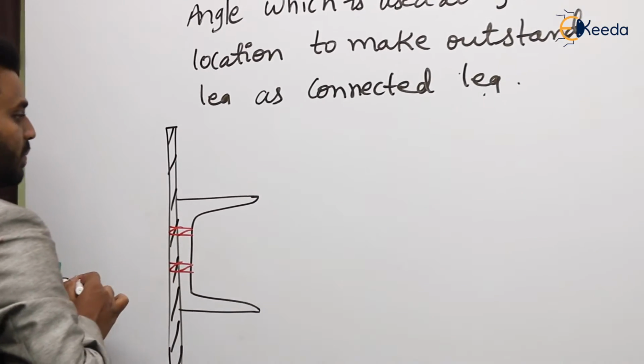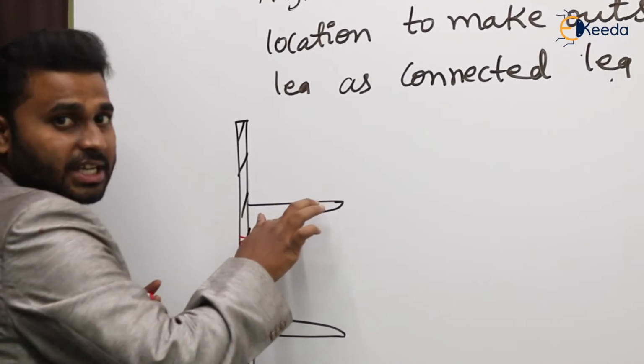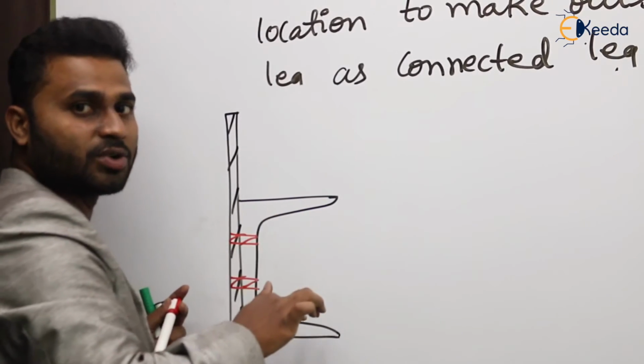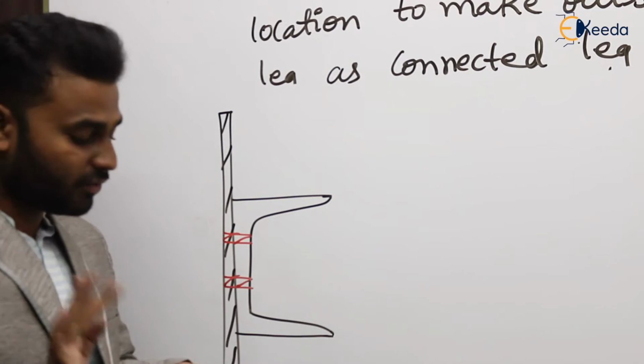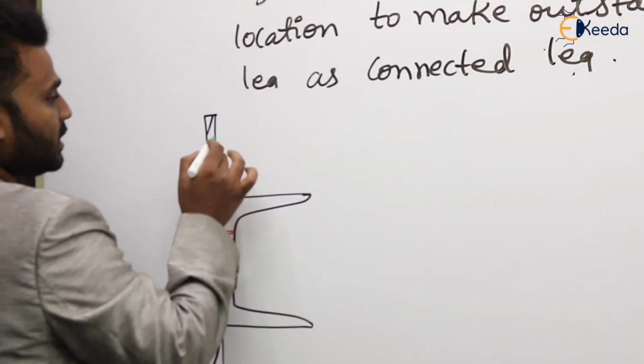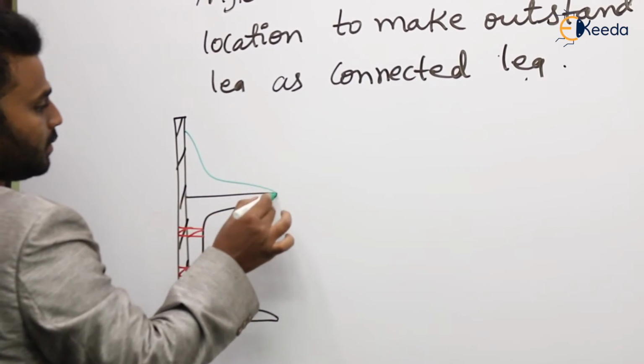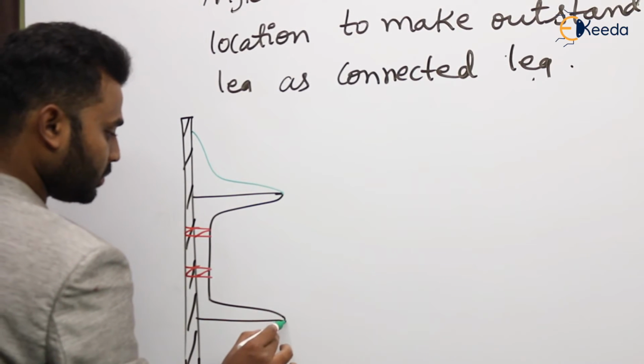Here we have connected the channel to the gusset plate by using bolts like this. To make these two outstand flanges connected flanges, we have to use the lug angle. So like this, we are going to use lug angle at top and bottom.